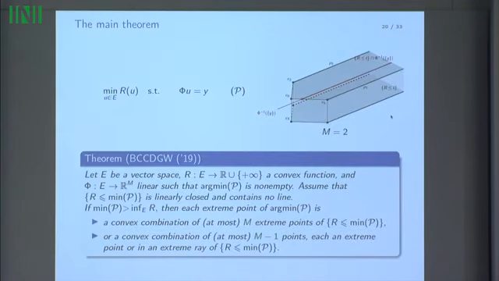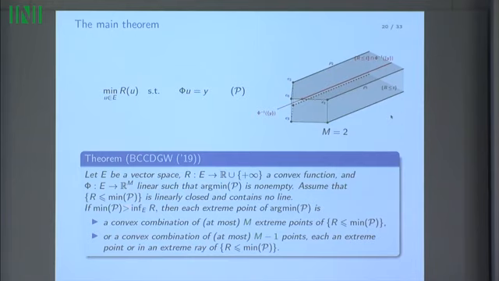Okay, so that's it. So we have our theorem. If we are in a vector space, we have a convex function R, linear measurements, such that the solution set is non-empty. We assume that the sublevel set associated to R is linearly closed and contains no line. We also require that the minimal value of the problem is strictly larger than the infimum of the regularizer.